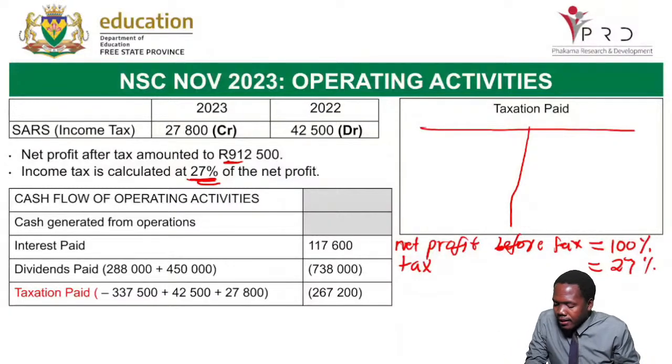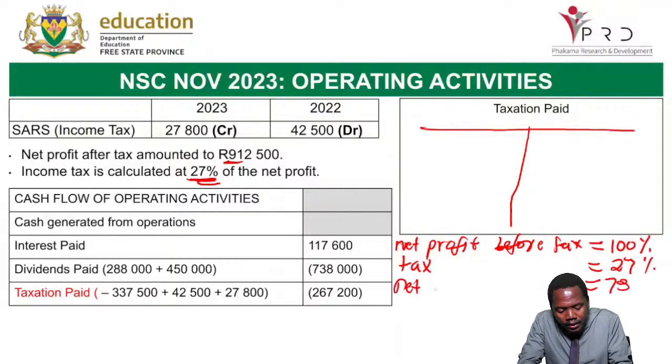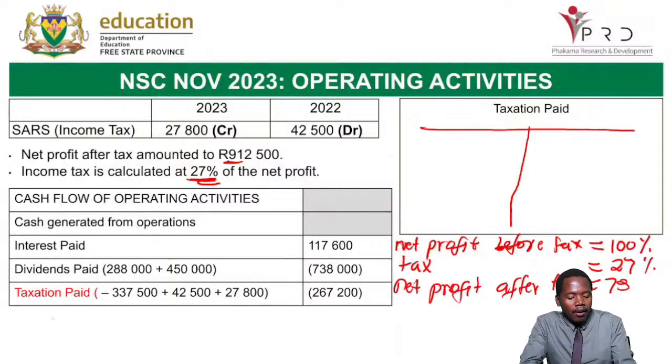What is that? Let us look at that. 100 minus 27, we get 73. Meaning the net profit after tax becomes 73.